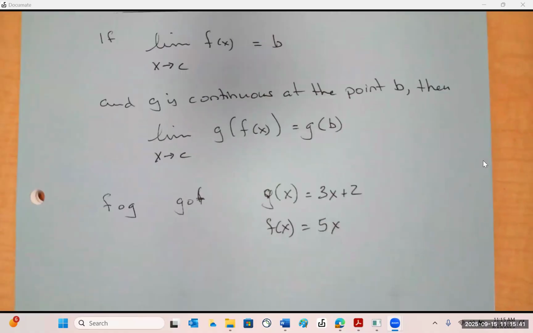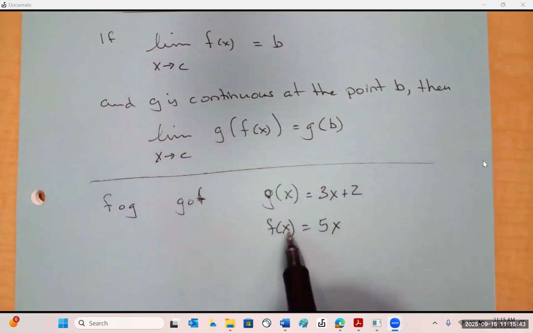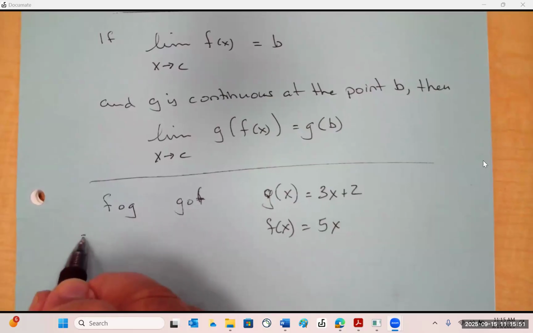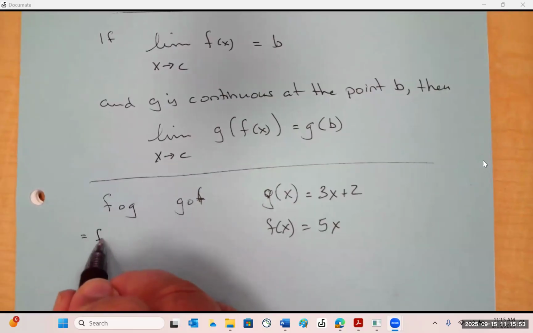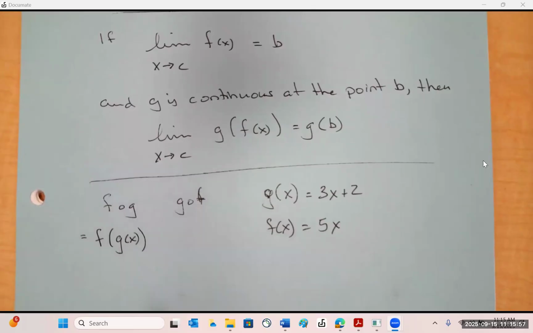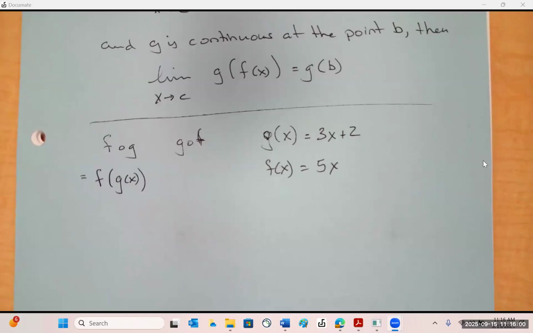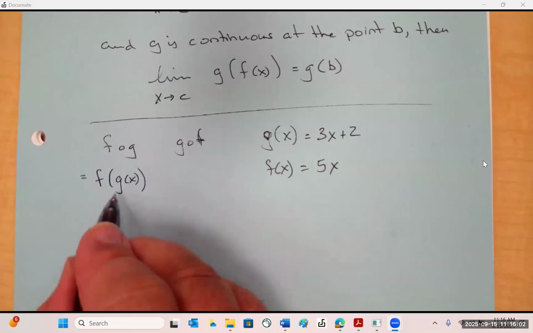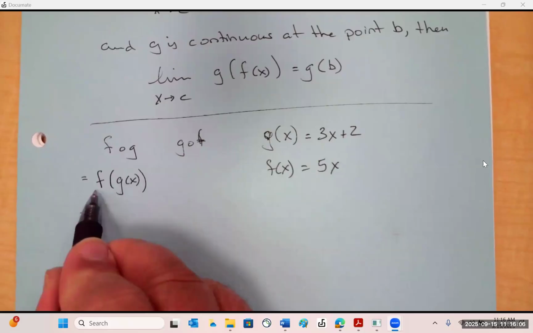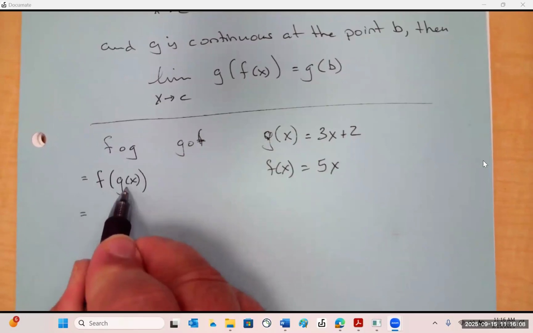Let's say we had two functions. F of x is 5x, g of x is 3x plus 2. If I ask you f of g, it means the function f of the function g. What that means is anywhere I see an x in my f function, I put the function g of x.